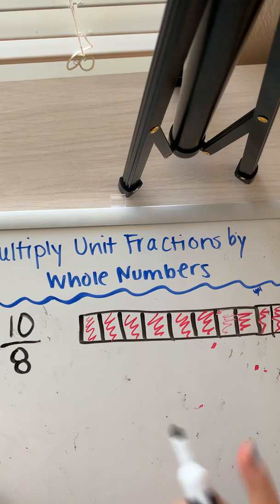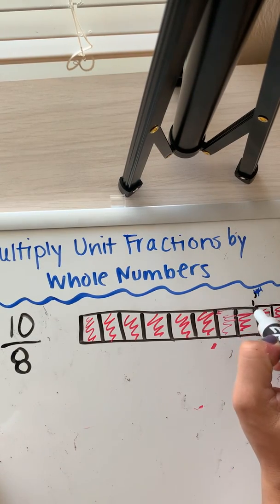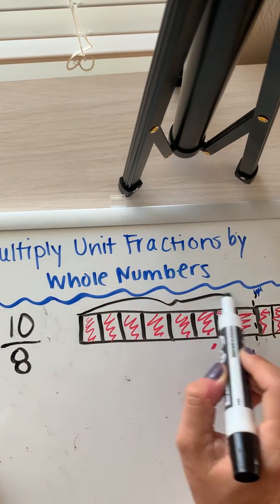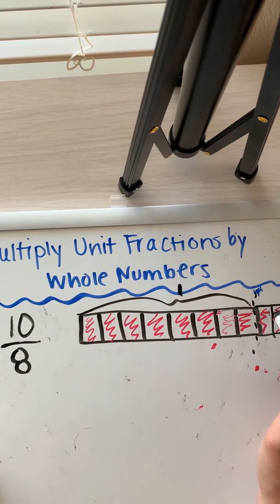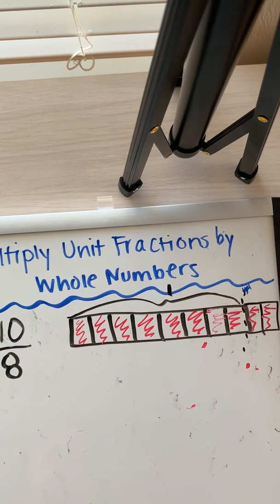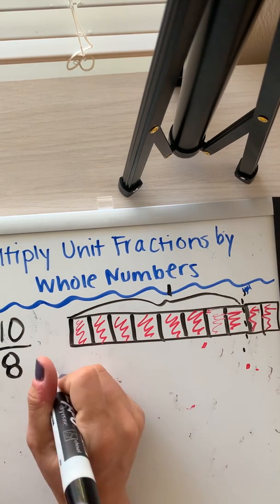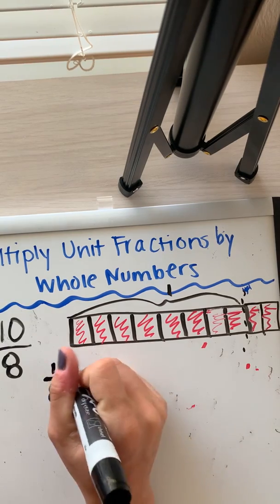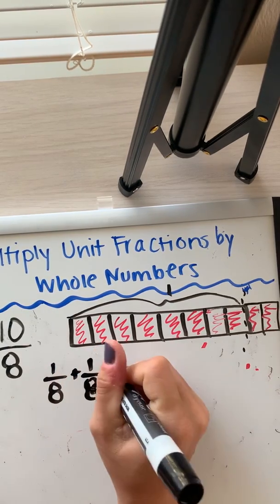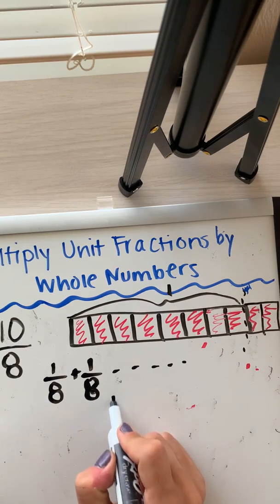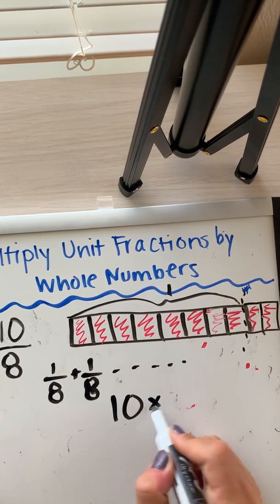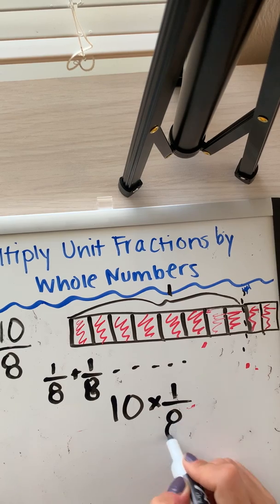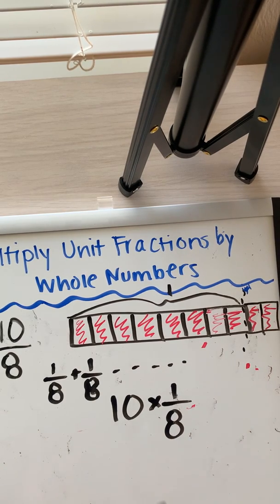But I know that my whole actually ends here, right? This is my 1. And then I have 2 extra ones over here on the side, all right, added in. I still write it the same way. Even if I have 1/8 written out 10 times, and so on, I would write it as 10 times 1/8. My unit fraction is still 1/8. I just have 10/8, all right?